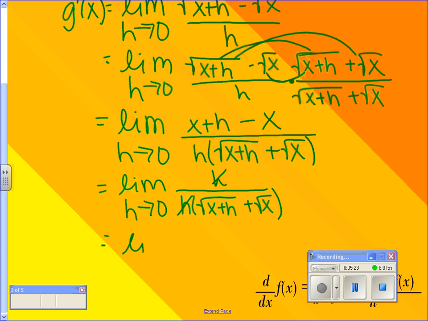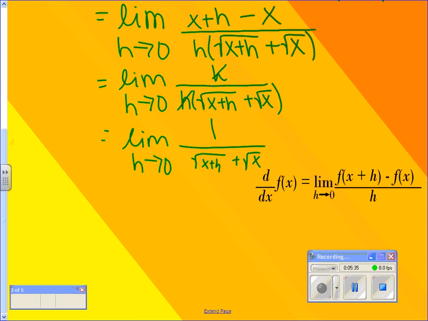And so we're left with the limit as h goes to 0 of 1 over the square root of x plus h plus the square root of x. You with me still? So now what do we do? Insert 0 for h, and we have the square root of x plus the square root of x. Can we simplify that?